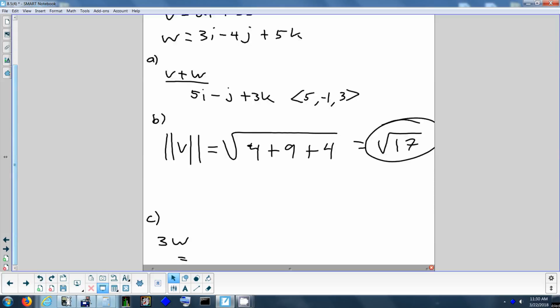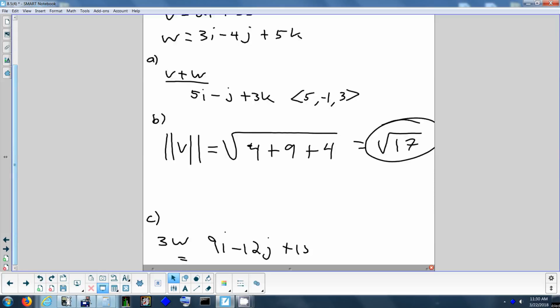Okay. And subtraction is kind of the same, so I'm going to skip subtraction. Let's do a scalar product. 3w. So, Mallory, could you tell me what 3w would come out to? Yep, we get 9i minus 12j plus 15k.